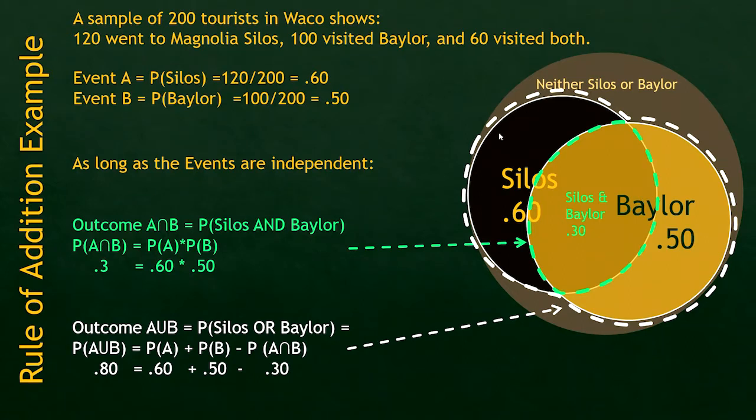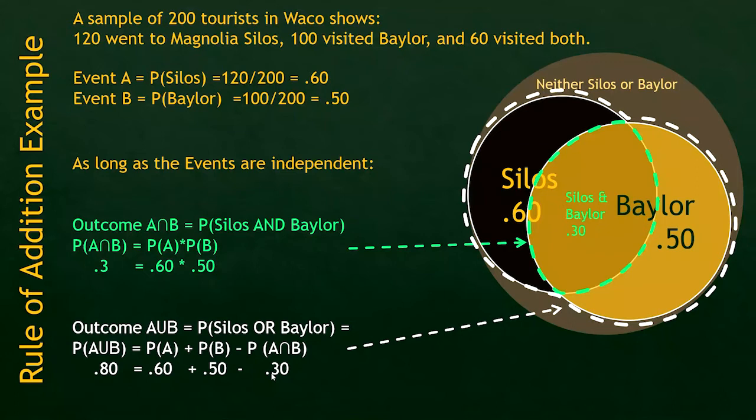So what is the probability of them going to the silos or going to Baylor? In other words, they're going to at least one of those two places. Them going to the silos or Baylor, and that's going to be 0.8. Now, if we didn't subtract this 0.3, it would have been 1.1, right? And the probability of them going to the silos or Baylor should definitely not be 110%.